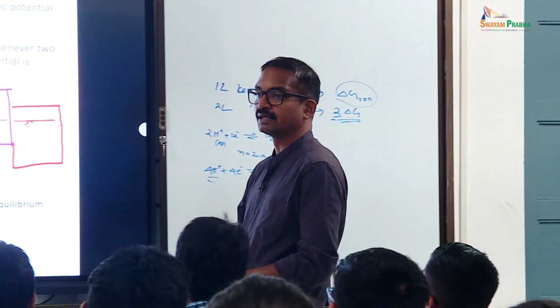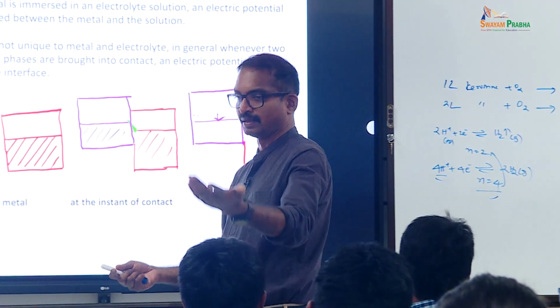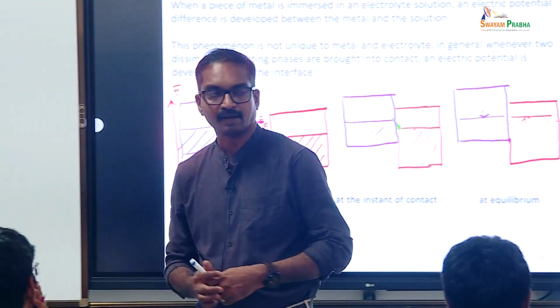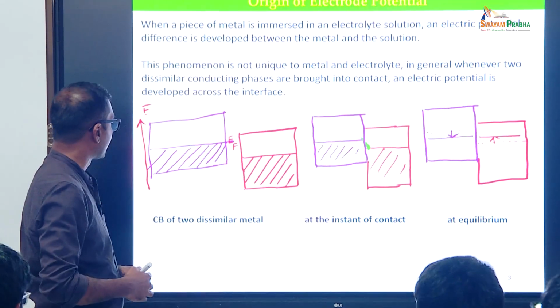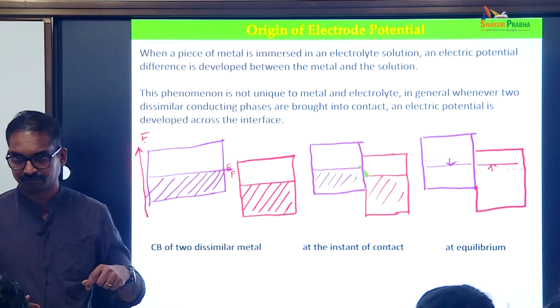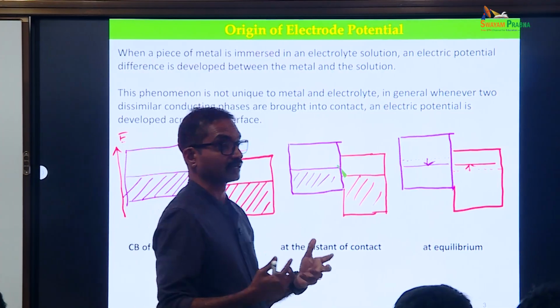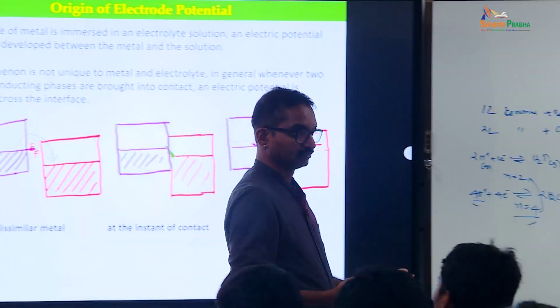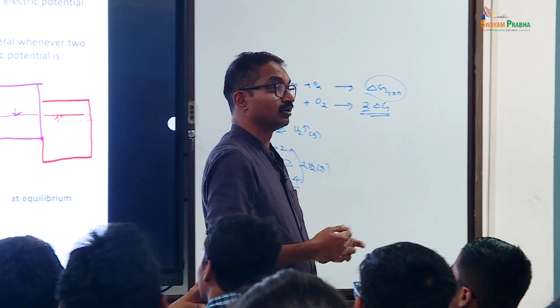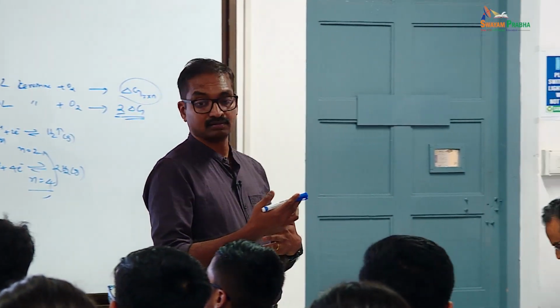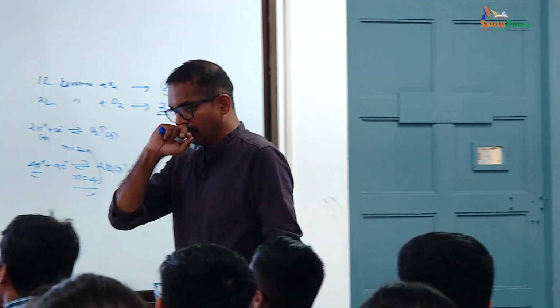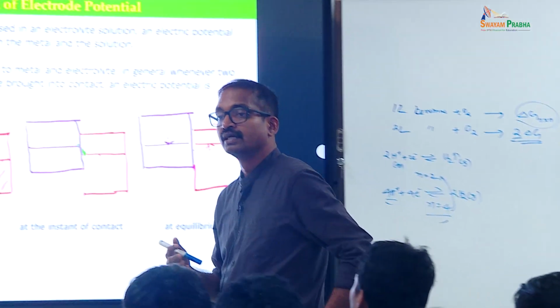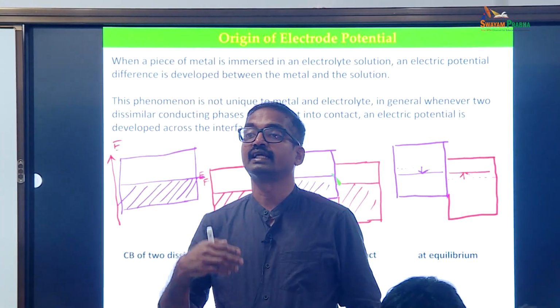You might have studied in physics something called work function. What is work function? The energy to pull the electron out, right? So work function less means what? The material is more electropositive or less electropositive? More electropositive. So between zinc and copper, which is more electropositive? Zinc.